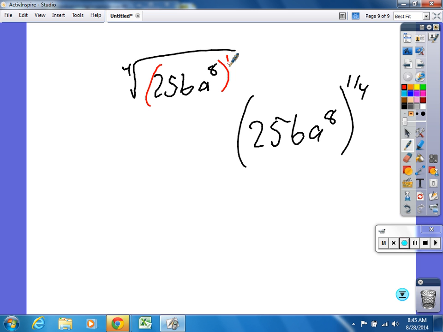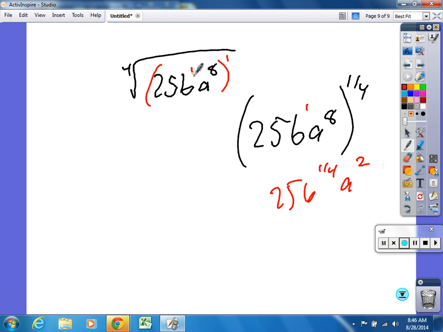So it's whatever's underneath raised to the first one. Now, if I brought him in, this would be 256 to the 1/4 a squared. Because this guy's got a power of 1, right? So I could individually do them as well. 256 to the 1/4. 8 over 4 is 2.